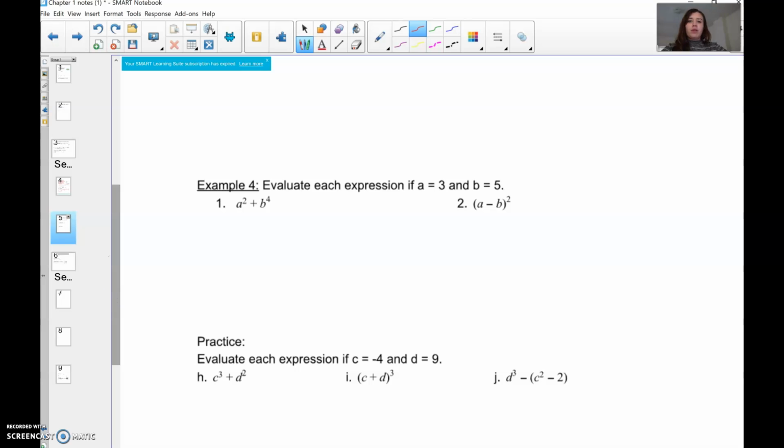Example 4. Evaluate each expression if a equals 3 and b equals 5. So what's important here is to know that we're evaluating again. So we just need that value or a number. So where a equals 3 and b equals 5. I like to set up with parentheses. So we're just substituting.